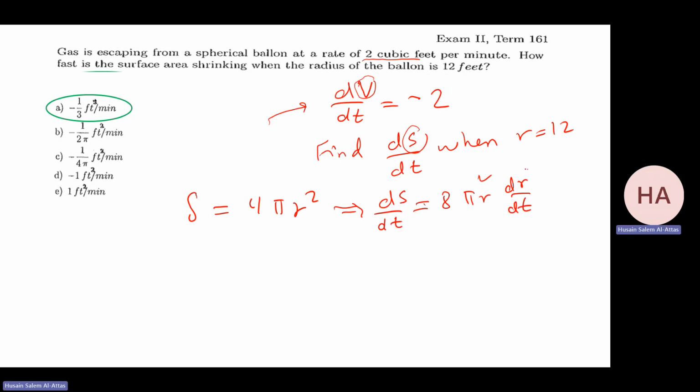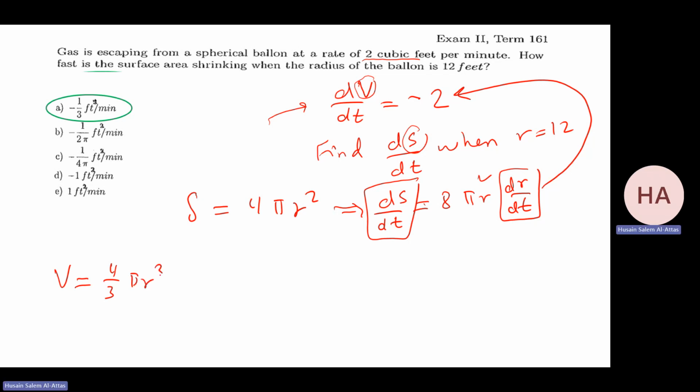This I have, this I don't have, but this one I can get from here. Since V equals 4 over 3 pi r cubed, that implies dV by dt will be 4 pi r squared dr by dt. I have this, I can get this, and plug it here, you get dS by dt.